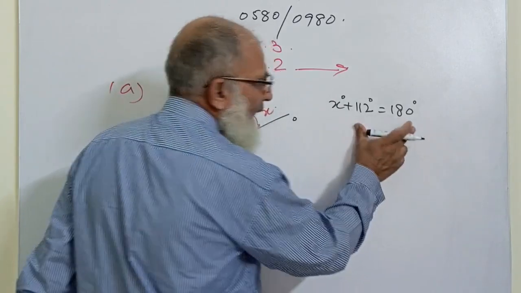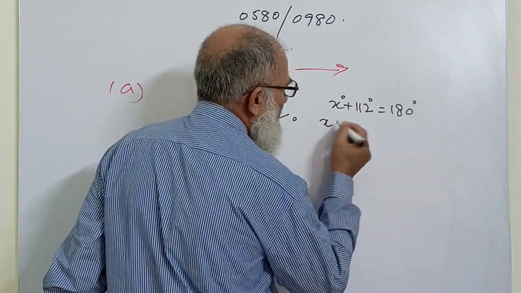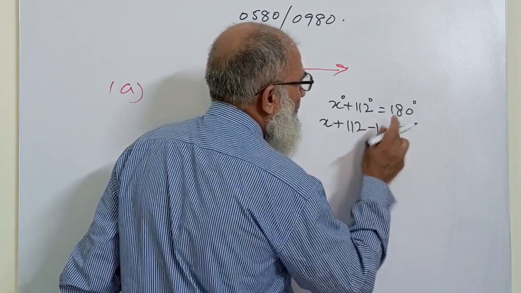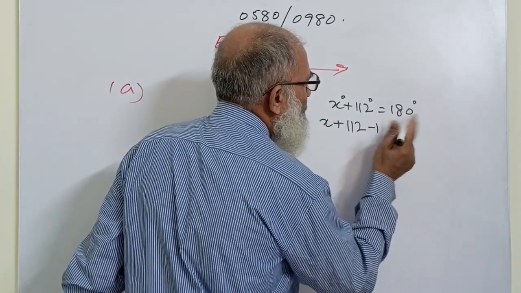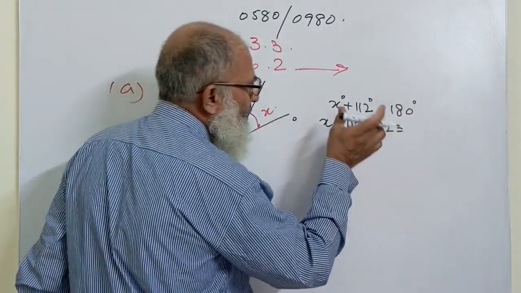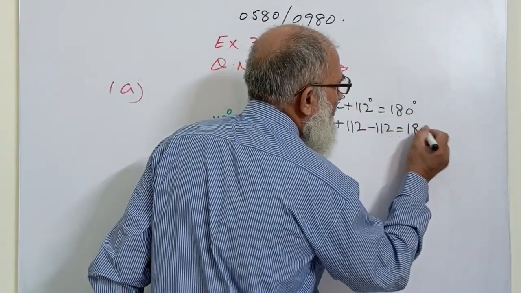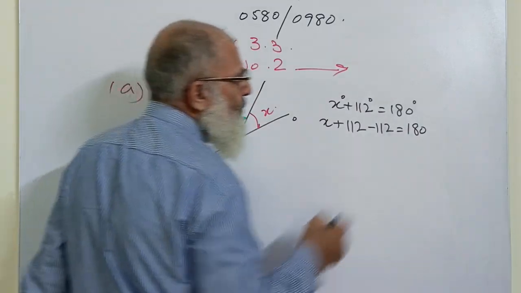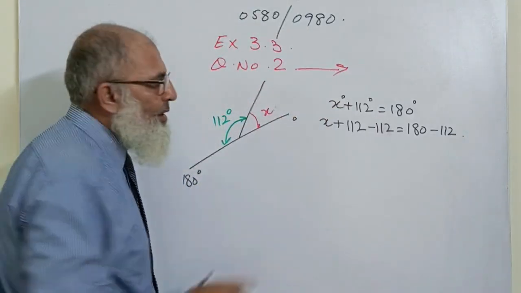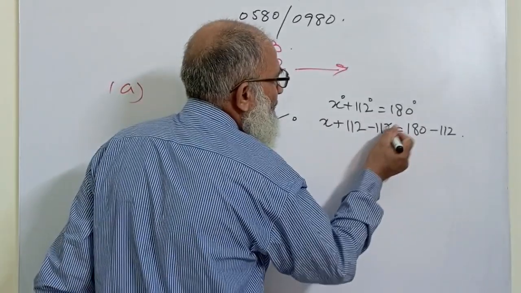By using a simple algebraic method, we'll shift this 112 over here. In the first question I do it for you. The method to shift is like this: we make it 0, and whatsoever we do on the left hand side, we are compelled to do on the right hand side also, to keep the equation balanced. So you see that this becomes 0.